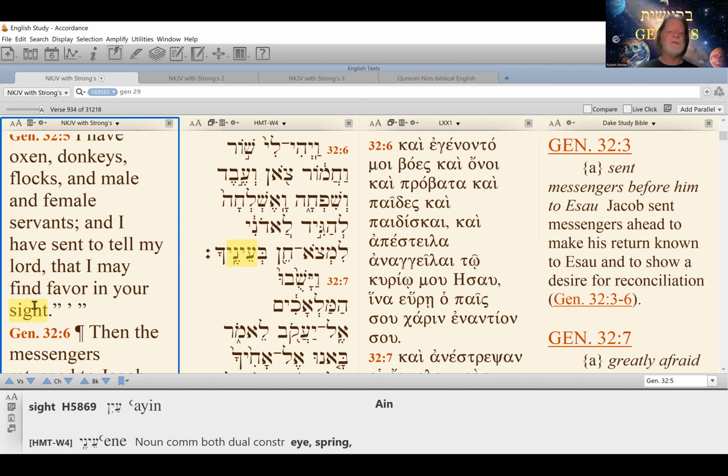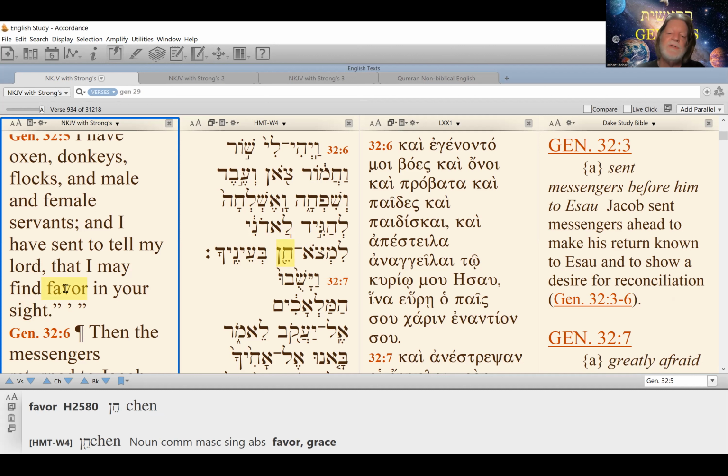So what is this word favor? It is the Hebrew word chen, and it literally means for nothing. And in context, what it usually means is being given something that you don't deserve. So chen, here in the English is translated favor, but usually it's translated grace. Both of those are correct.